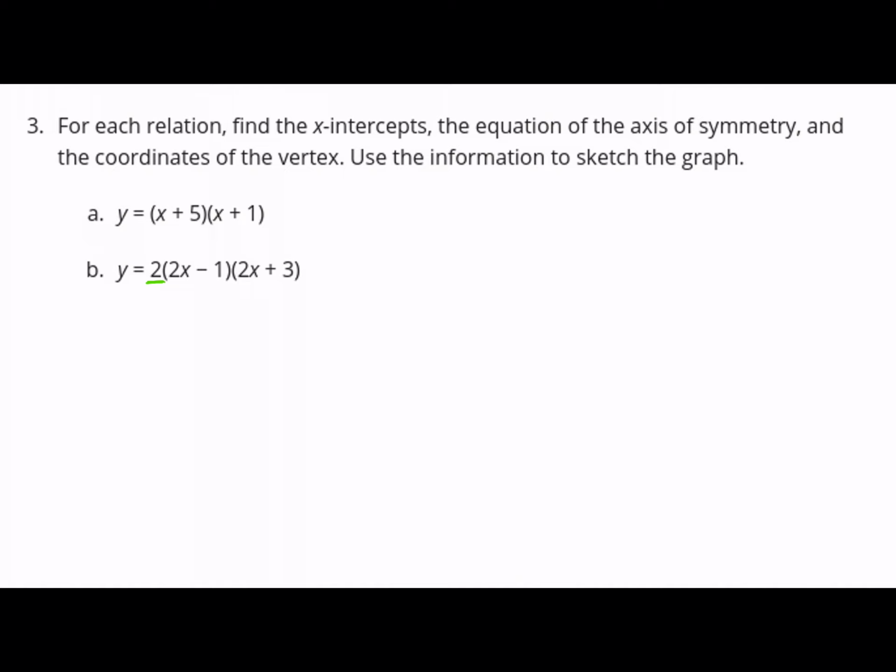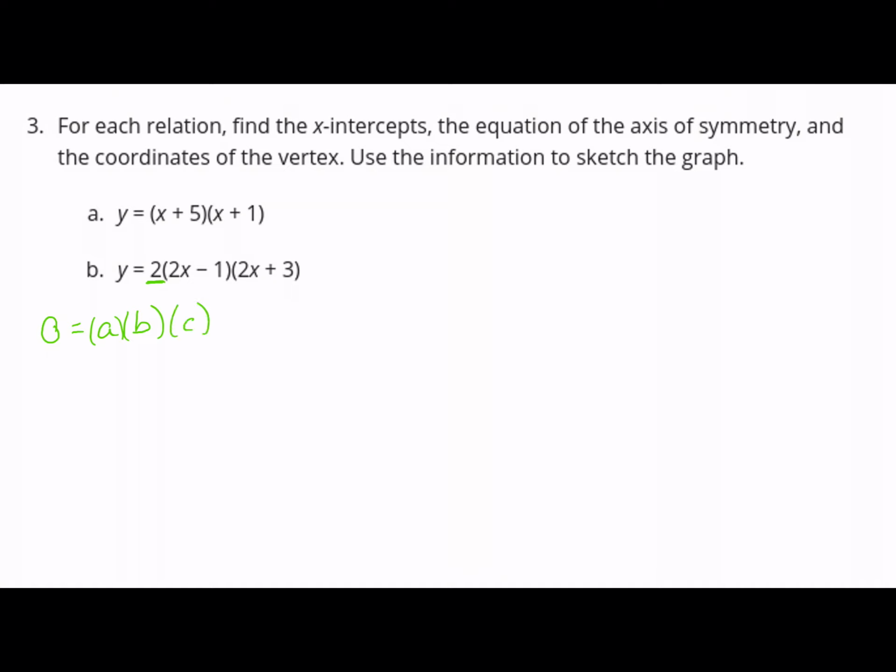It doesn't really do too much for that. So we still, because as we said, if A multiplied by B equals 0, well, now we've just got A times B times C.